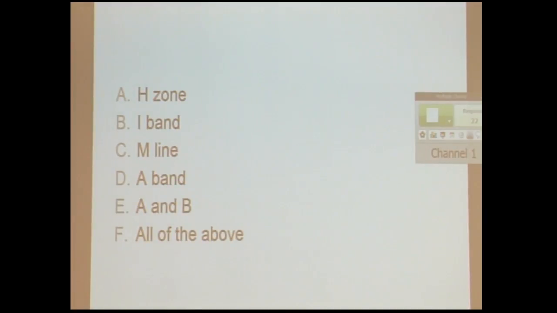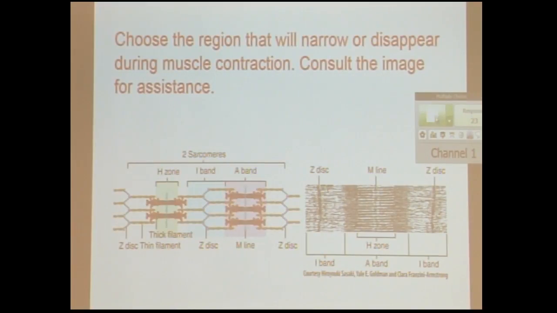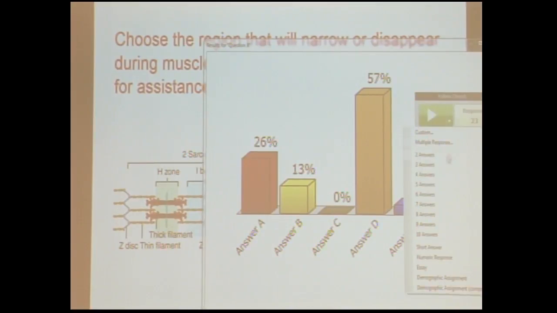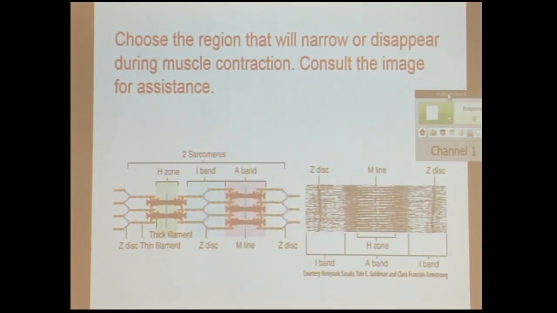So A, H. Which of those disappears when this is an uncontracted muscle and it contracts? What goes away? H, I, M, or A band?